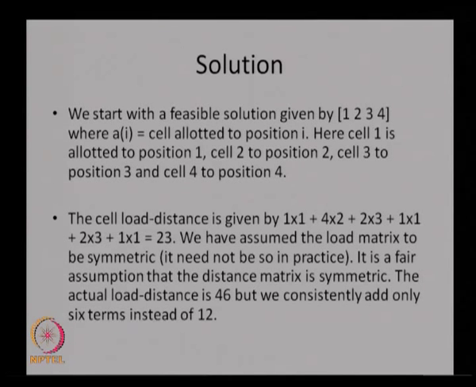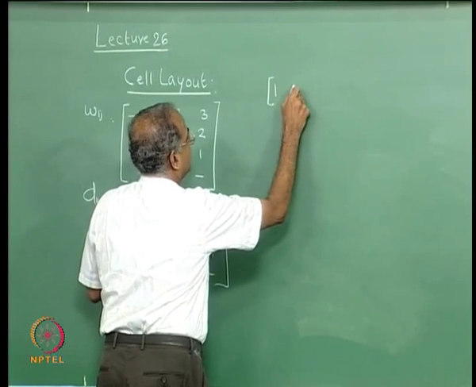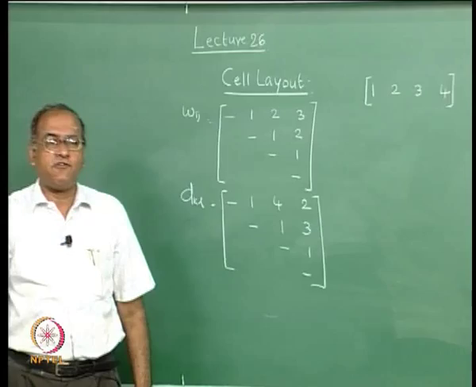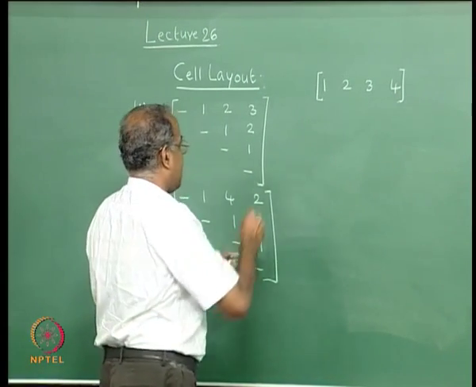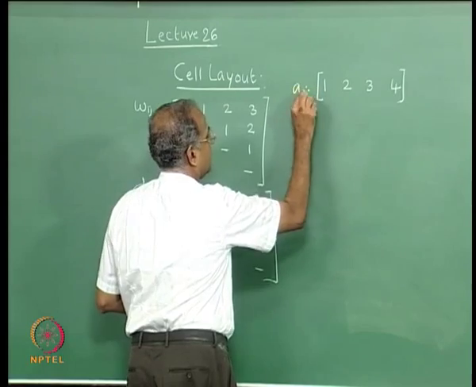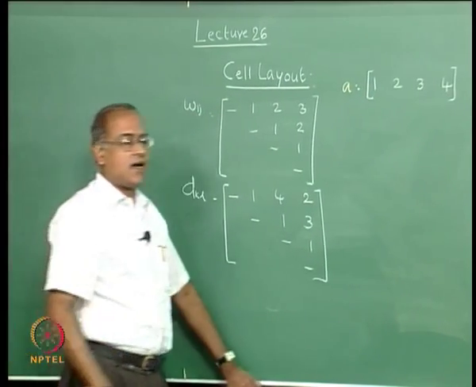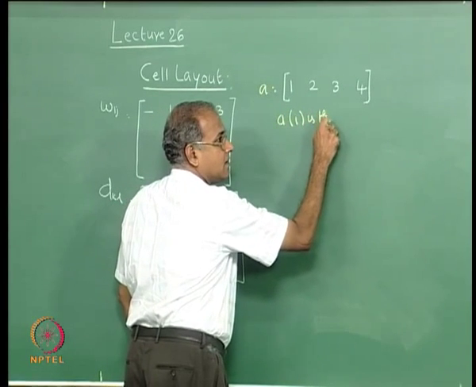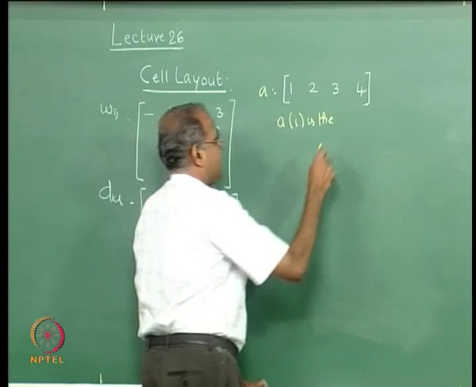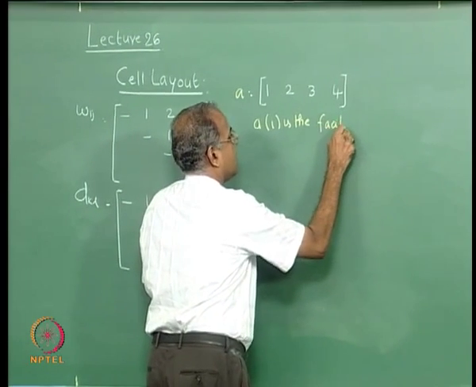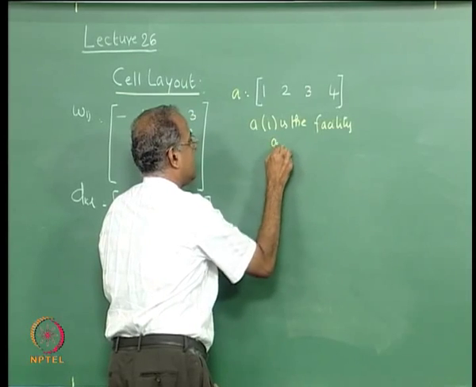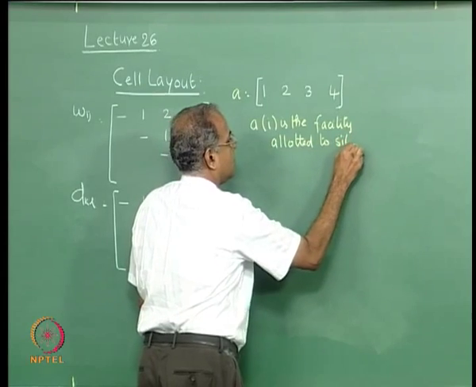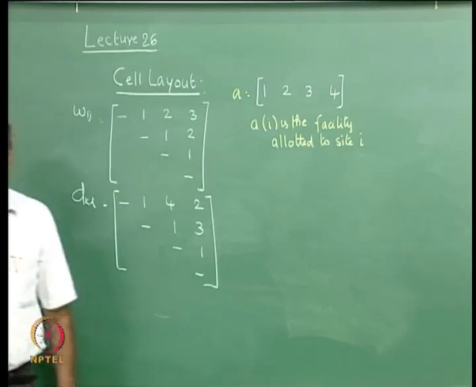So, we could start with a solution given by 1 2 3 4. Now, we have to define this. A equal to 1 2 3 4 is a solution where A of i is the facility allotted to site i.